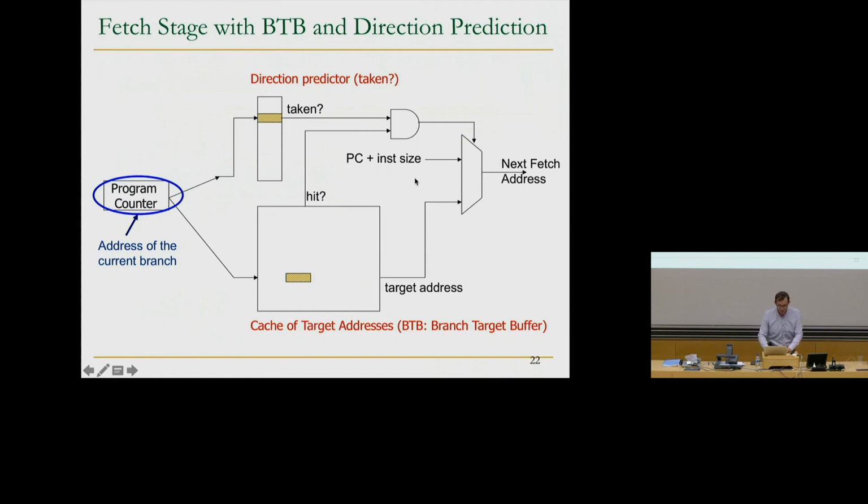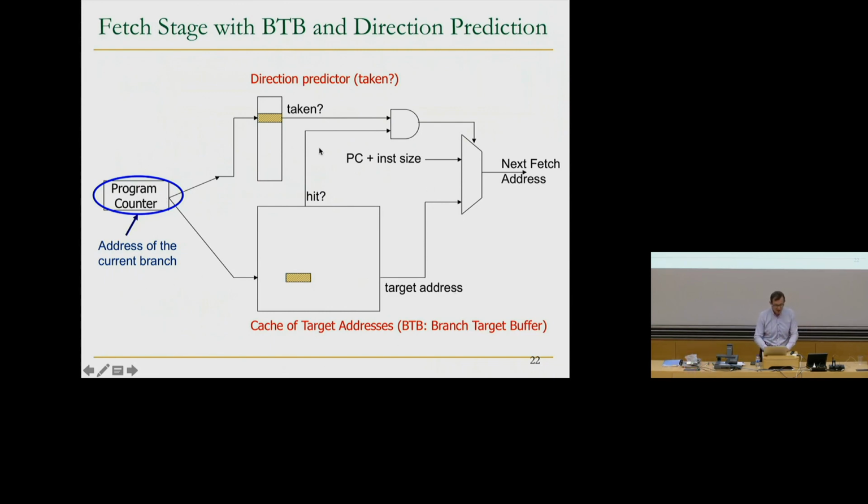Make sense? Now, if the branch is predicted to be taken, but you don't hit in the BTB for some reason, you basically use PC plus 4 as the prediction. So if you don't have the target address, you use the next sequential instruction as the prediction for the next fetch address. So this is what a very basic front-end branch prediction logic actually looks like in an existing machine.